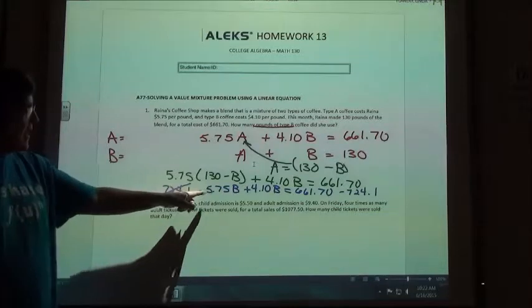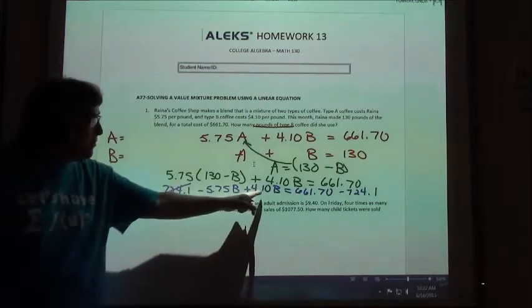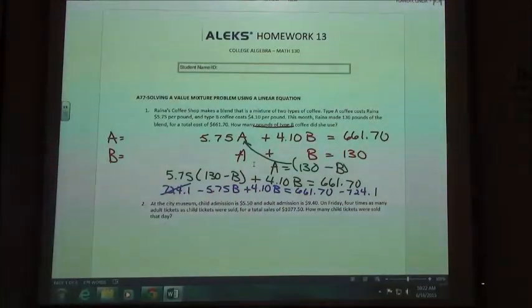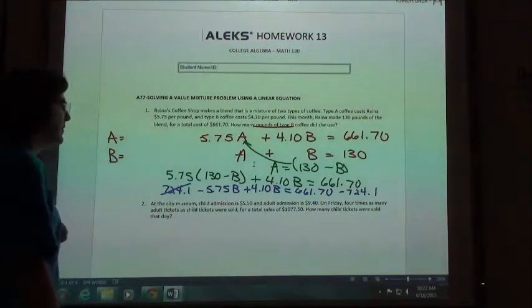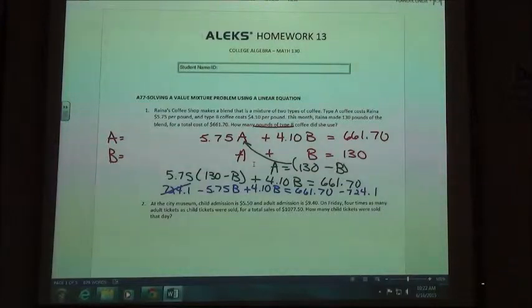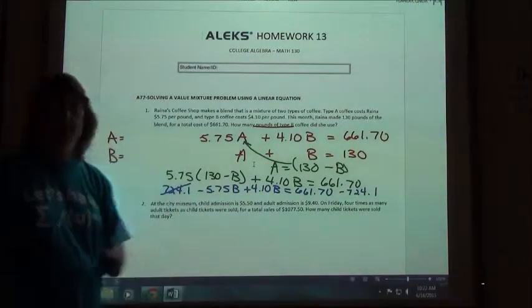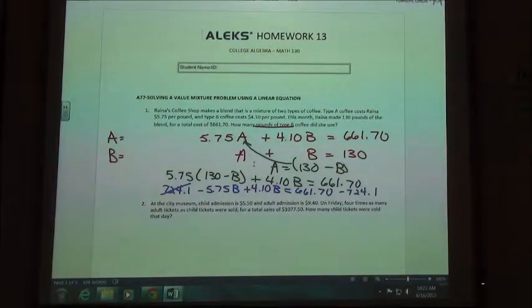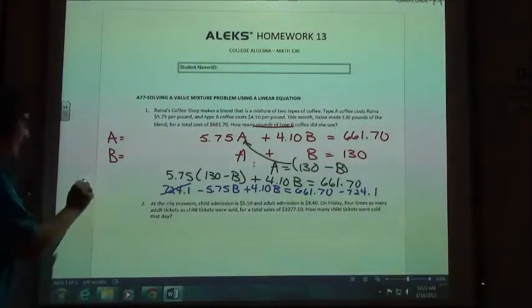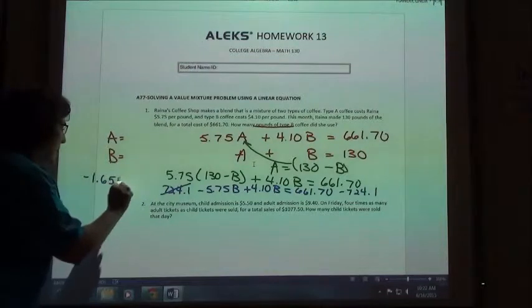So if you take negative 5.75B plus your 4.10B, you get negative 1.65B.